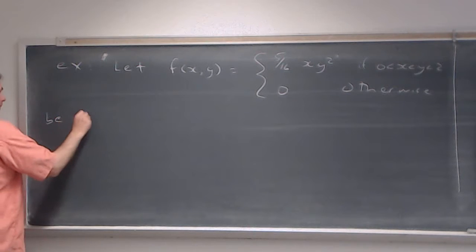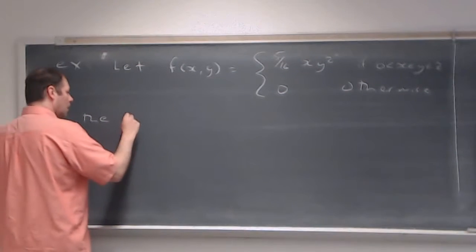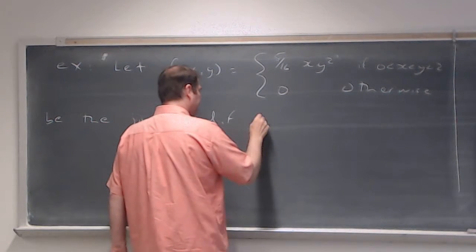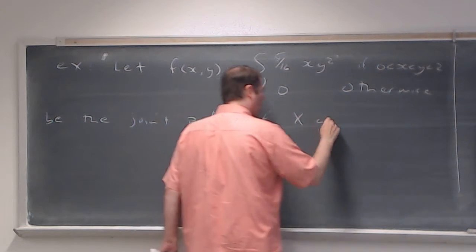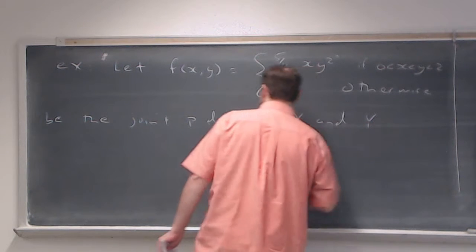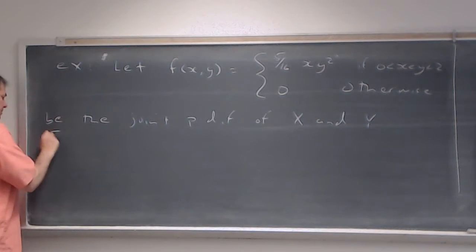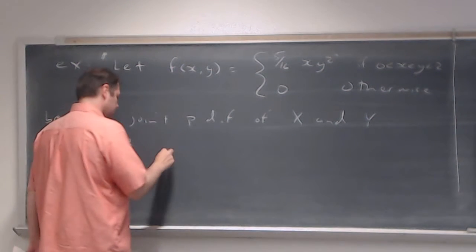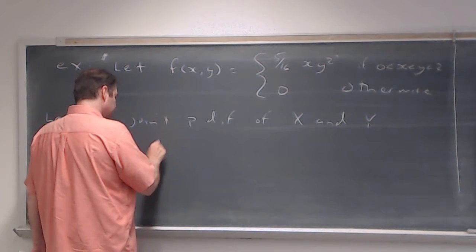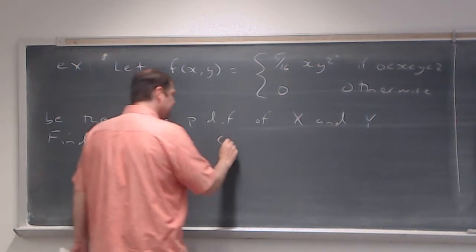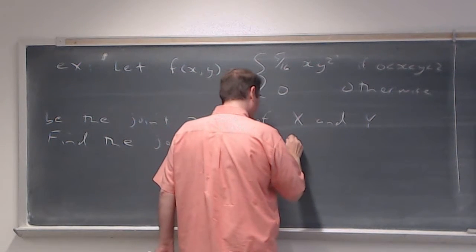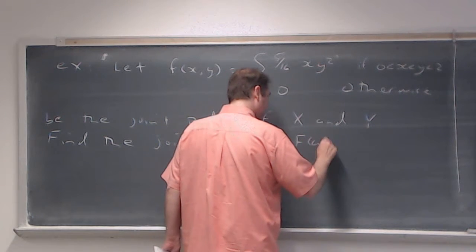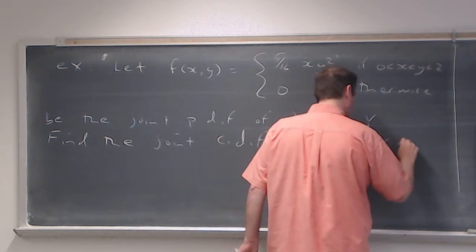This is the joint PDF of x and y, and the directions will be to find the joint CDF. And we're going to note that by capital F of x and y.